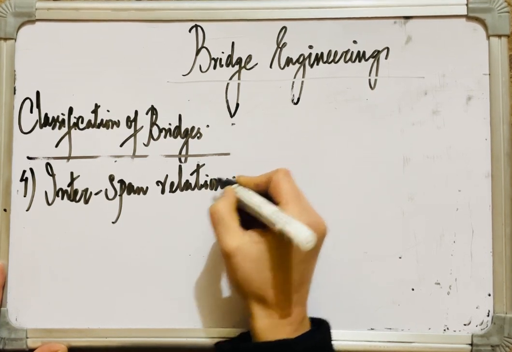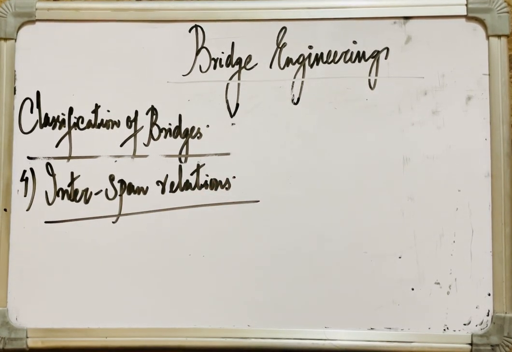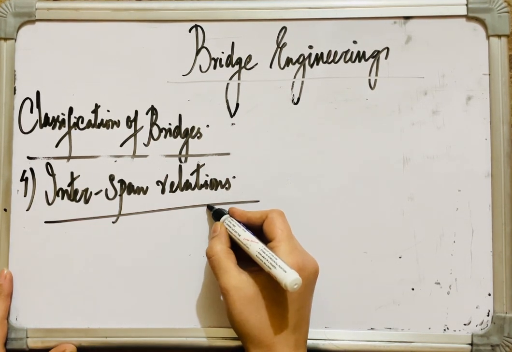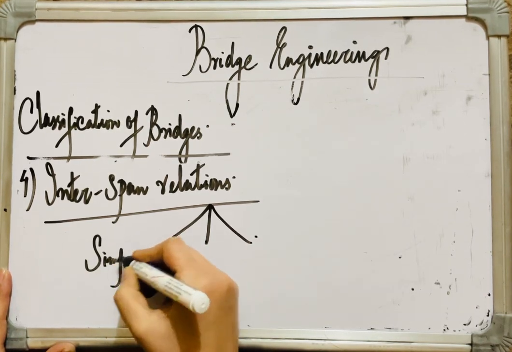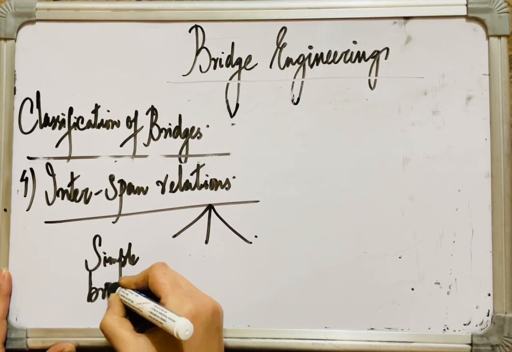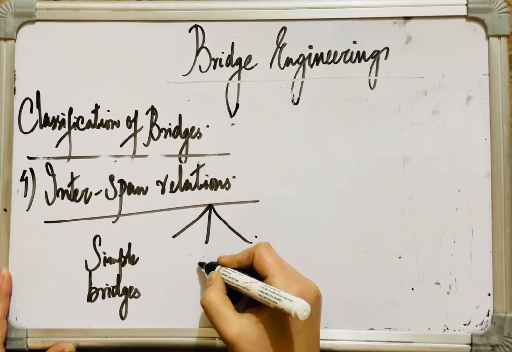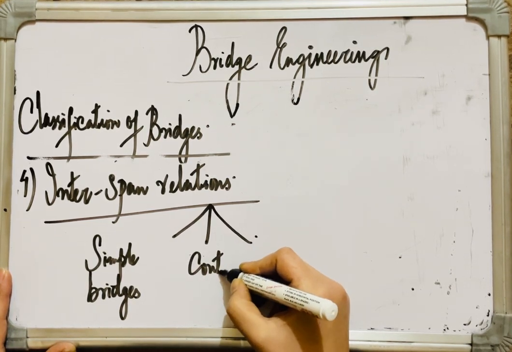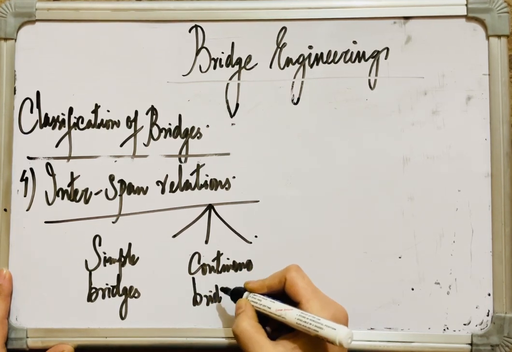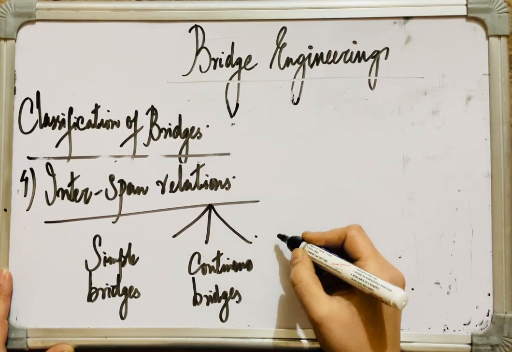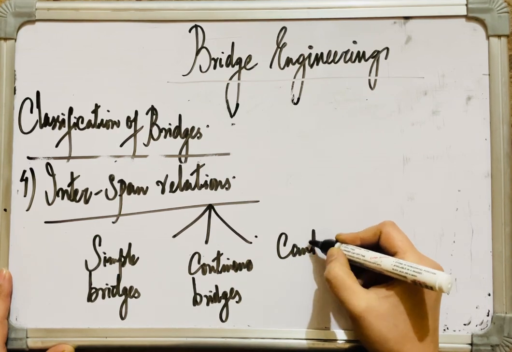According to interspan relations, the bridges can be classified as simple, continuous or cantilever bridges. Simple bridges, continuous bridges, and cantilever bridges.